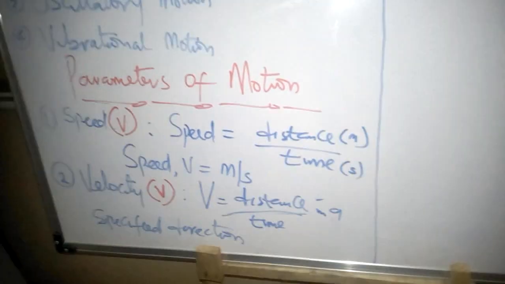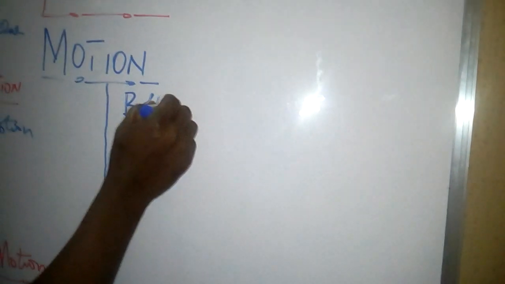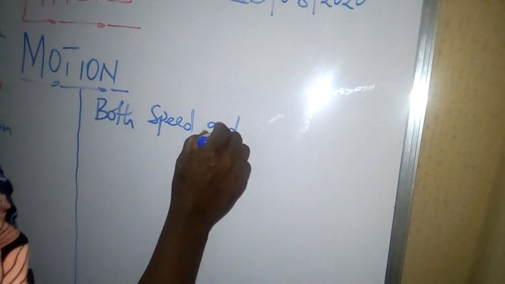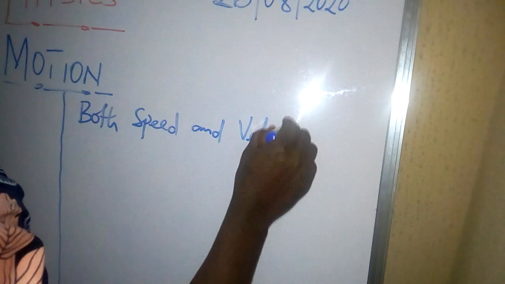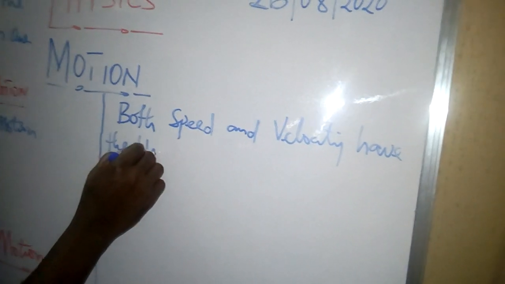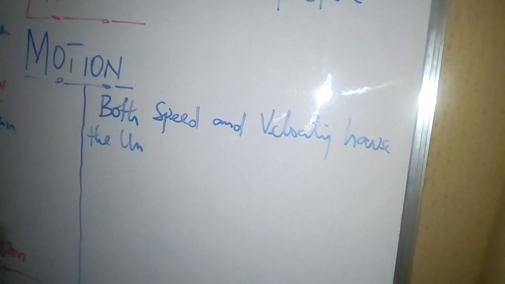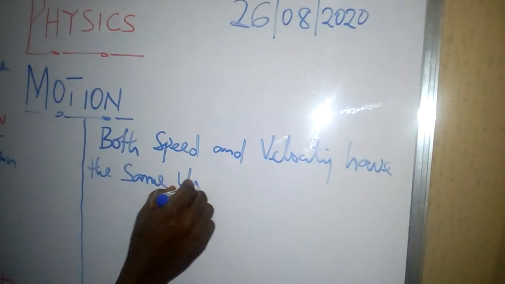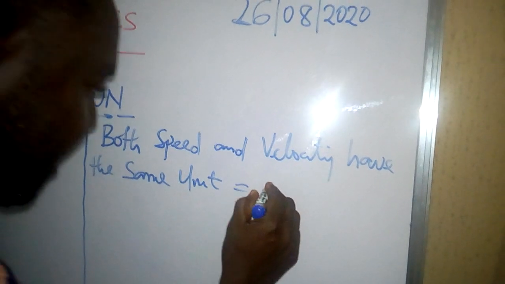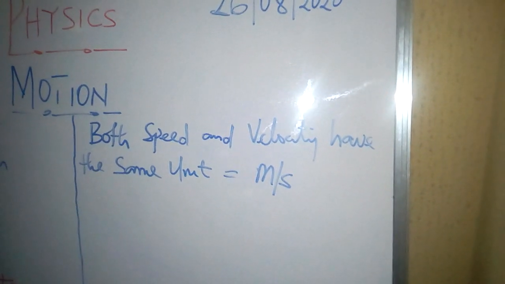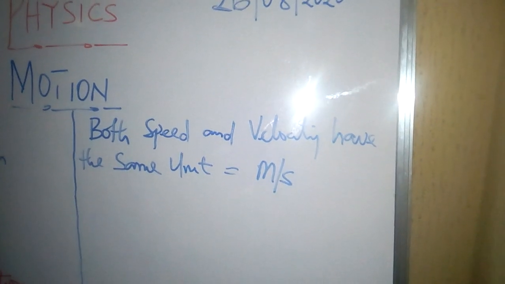But both speed and velocity have the same unit, which is meter per second.